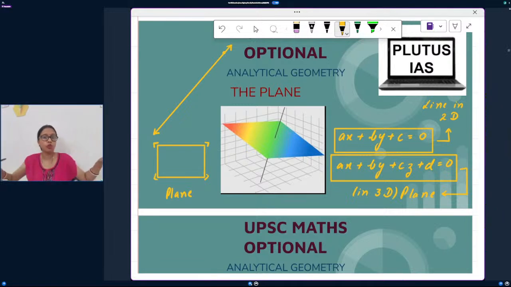It goes on from all the four sides. Just imagine a small rectangle and now imagine it becoming huge. From all directions it is extended to infinity. So basically it is separating the whole space into two parts, one behind that plane, one above that plane.